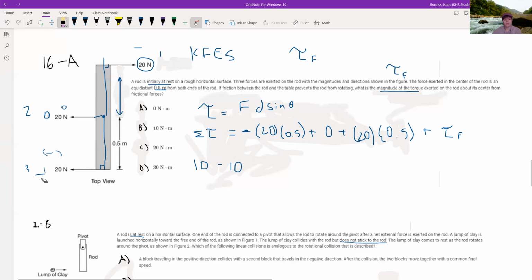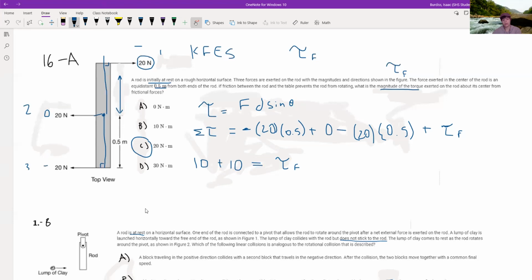This is not counterclockwise, this is clockwise, so it is negative. Got mixed up, sorry. So that would mean this is negative also. And when you put it on the other side, both are positive. So it would be 10 plus 10 equals this. And so that means the frictional torque is 20.